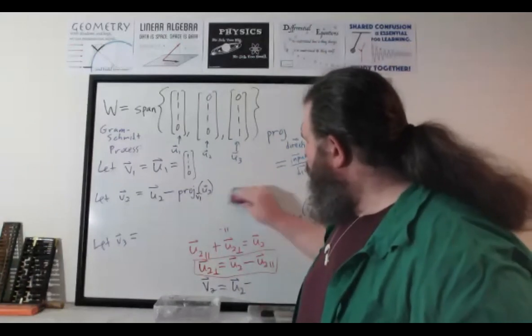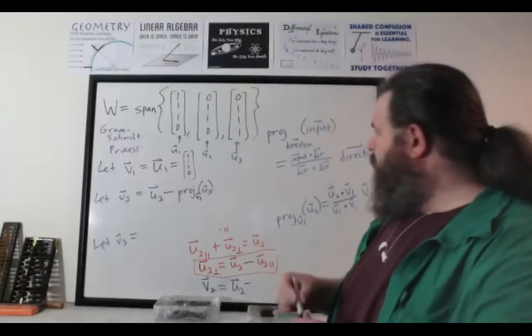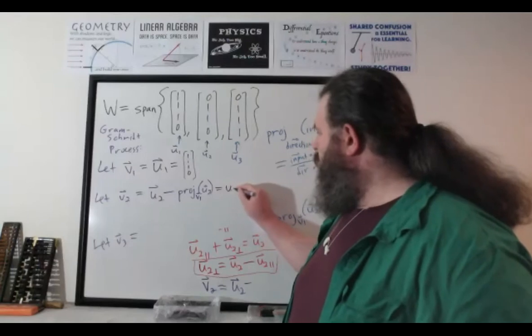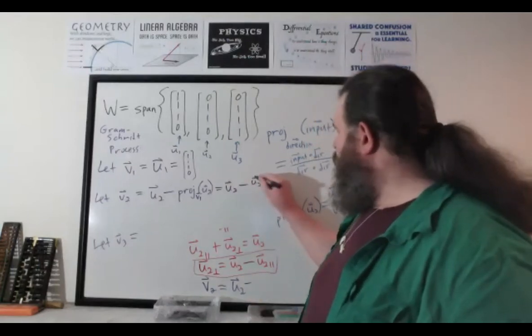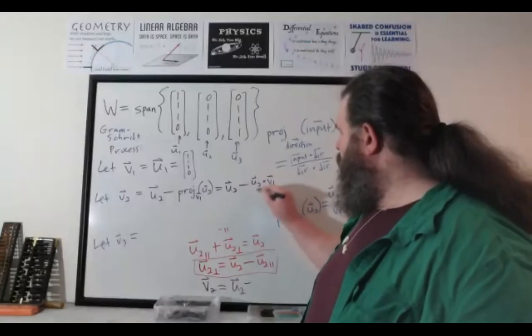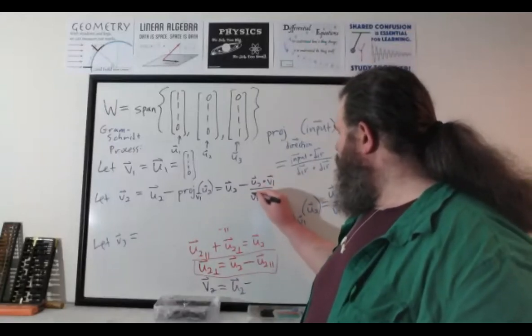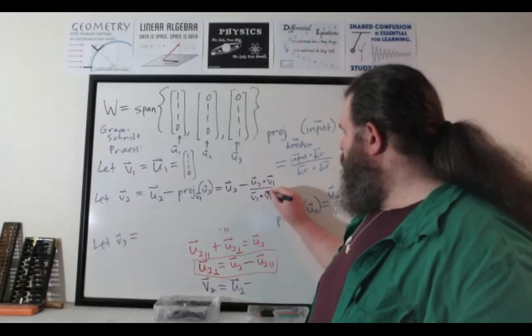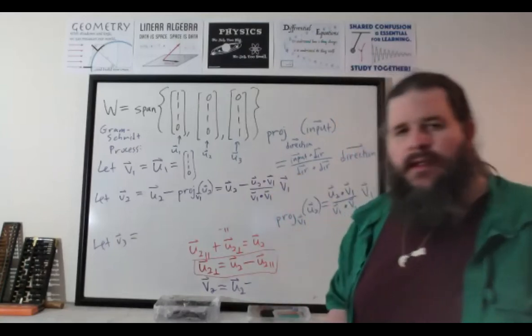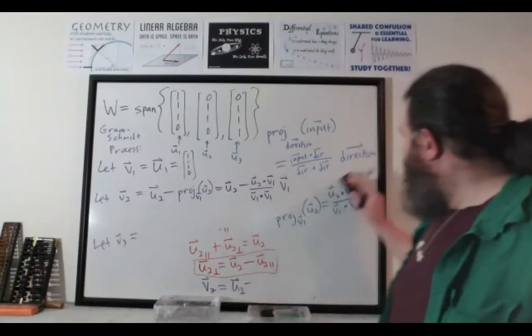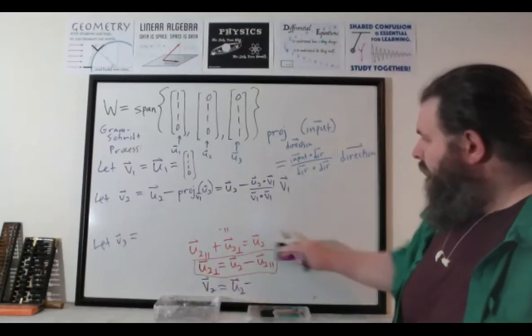So we can rewrite the projection using this formula: U2 minus U2 dot V1 over V1 dot itself times V1. And to run that calculation, let's try actually filling in the numbers and see what we get.